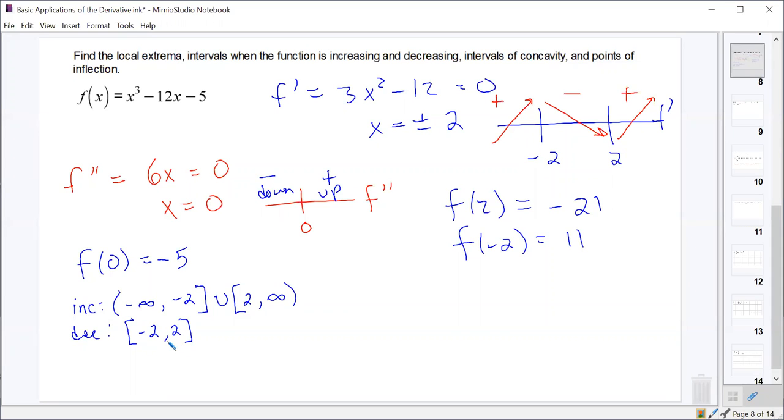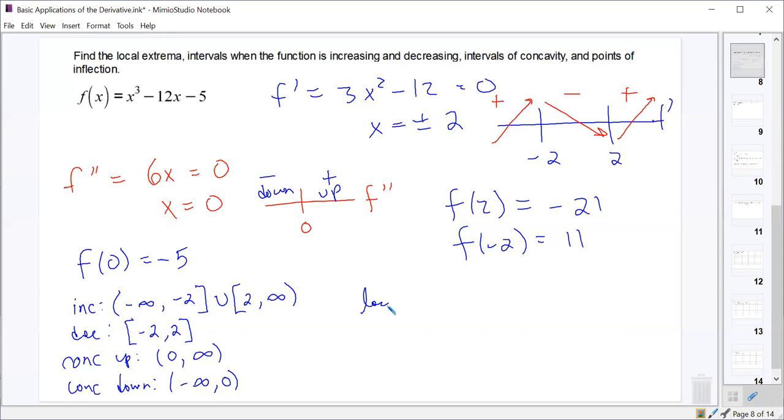I disagree about the brackets, but the College Board wants it to be brackets, so you gotta do brackets. And then it is concave up, and that's from 0 to infinity. College Board gets it right on that unless you use parentheses. Concave down from -infinity to 0.